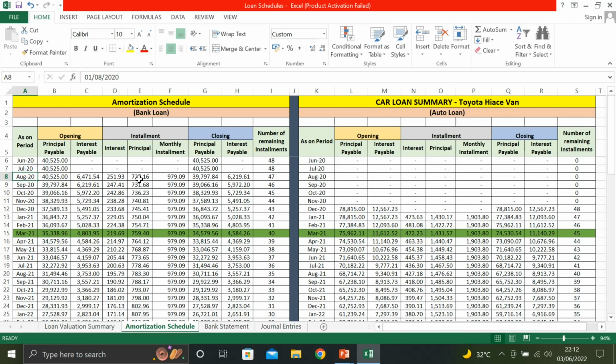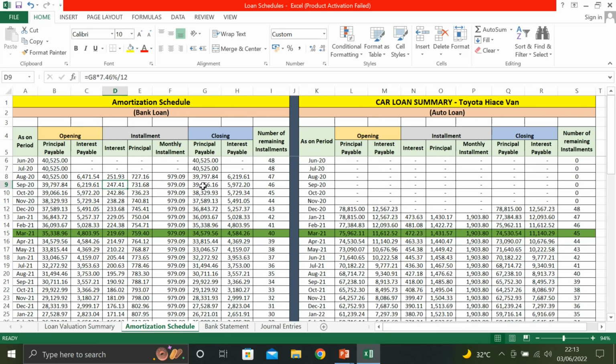But to make your work easy, every month you cannot go to your lease contract and check how much interest I need to record, how much principal. Some lease contracts are not giving complete details. They will just give you the installment amount 979, and they will write down the interest rate they are charging, but they will not give you this amount month wise.